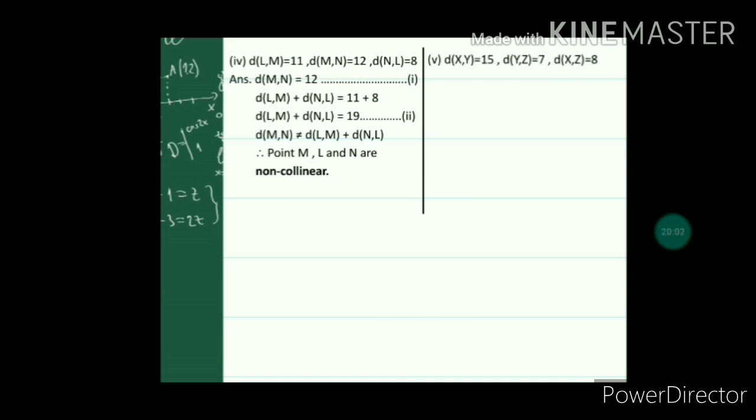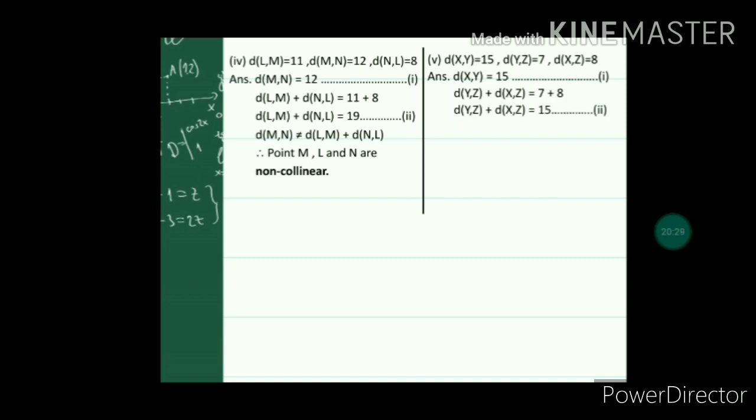Another example is distance of XY is equal to 15, distance of YZ equal to 7, distance of XZ is equal to 8. Here, distance of XY is equal to 15. Distance of YZ plus distance of XZ is equal to 7 plus 8.